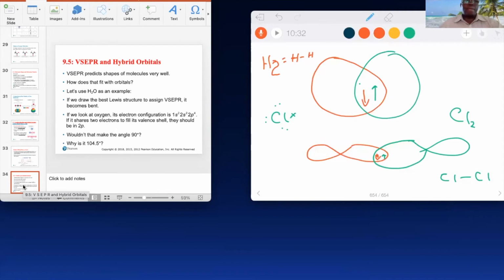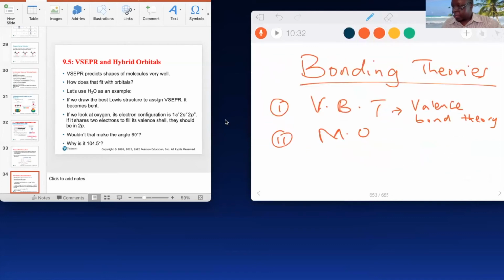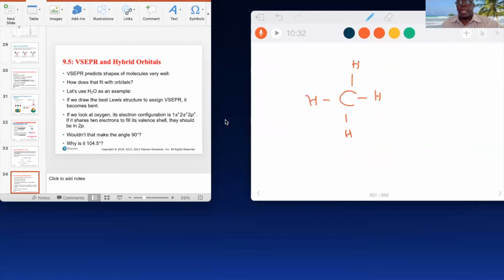Now, our valence shell electron pair repulsion model does not give us what we call hybrid orbitals, or how the bond is formed. For example, take methane, CH4.